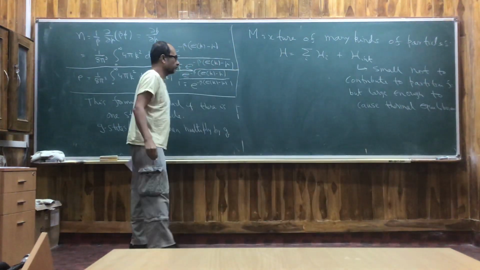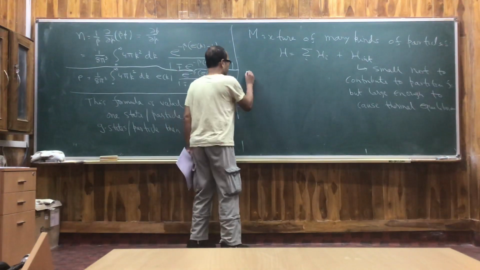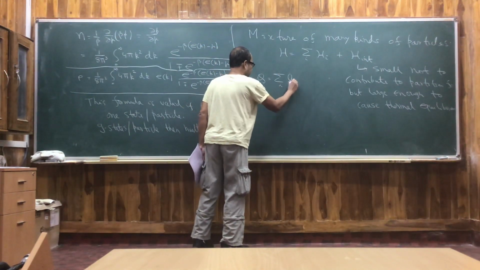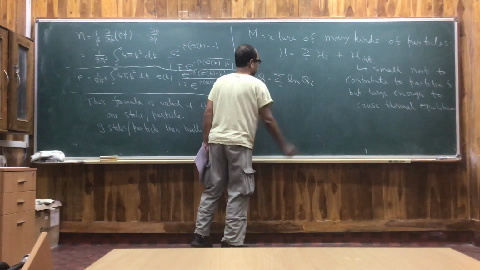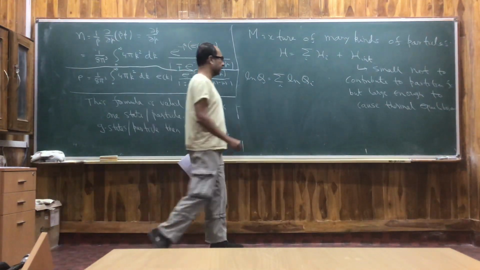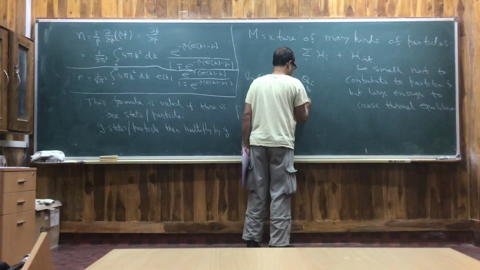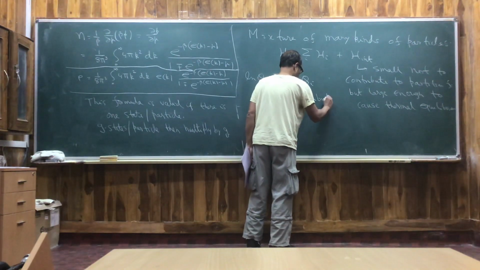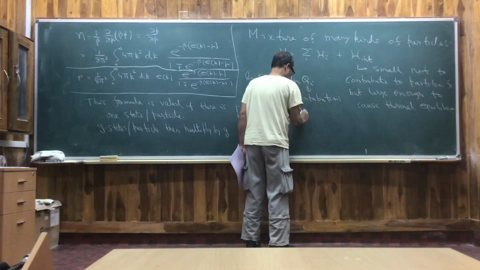So in this case, we can have log Q as the sum over i of log Q_i. These are the contributions from individual particles.